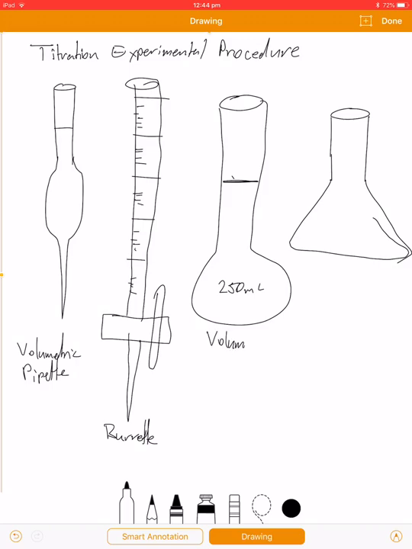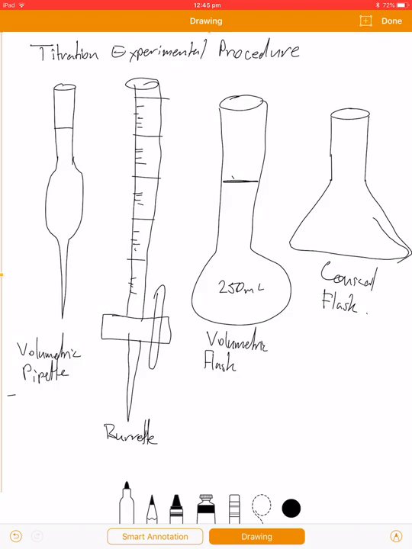Our third thing is a volumetric flask. And our fourth is a conical flask. And the sort of things you need to know in a test situation or just in any sort of laboratory situation is say the name of these, identify what they are, and just what they're used for.